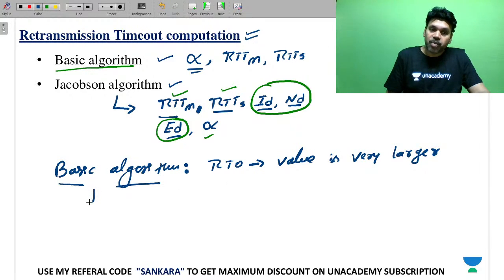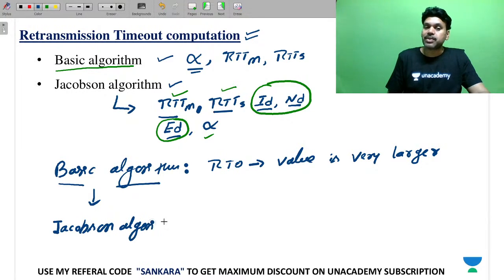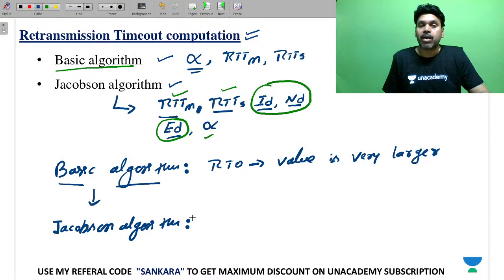To avoid that problem, the Jacobson algorithm comes into the picture, and it takes the deviation also, with weights of 1 by 4 and 3 by 4 on the initial deviation and the new deviation.